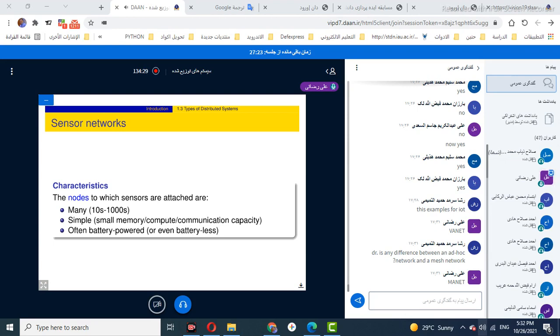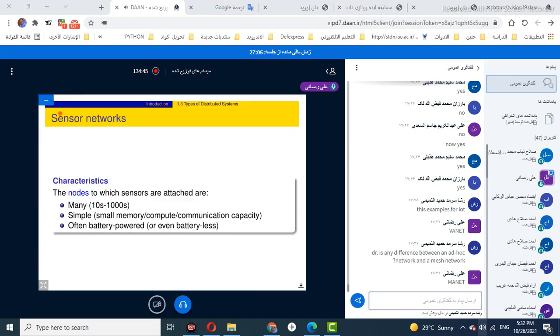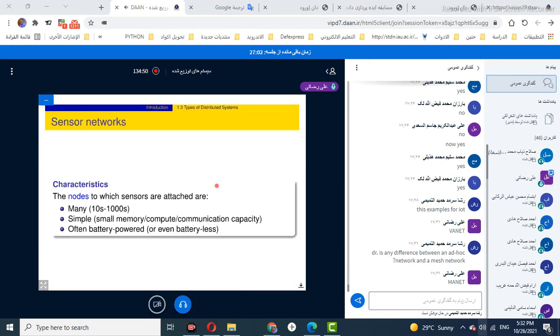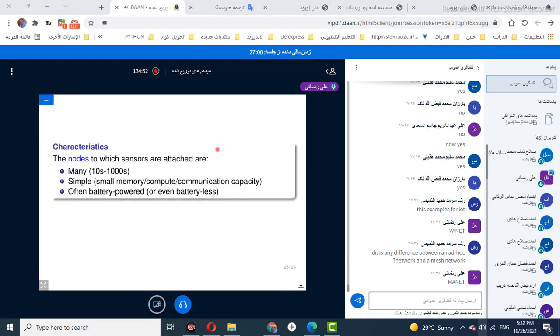Another question from dear Rasha Sarma: difference between an ad hoc network and a mesh? Yes, of course. But it is really outside the domain of this course. When I tell you about sensor networks, you will be more familiar with mesh networks.